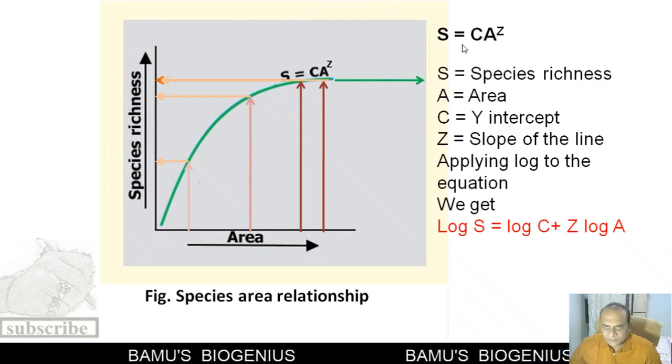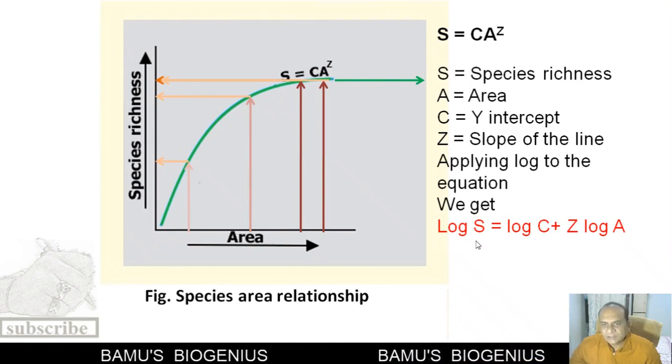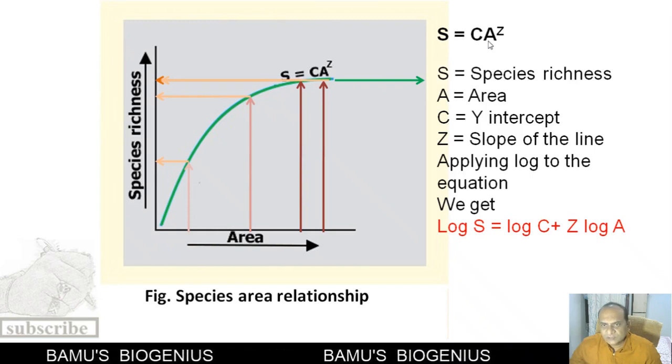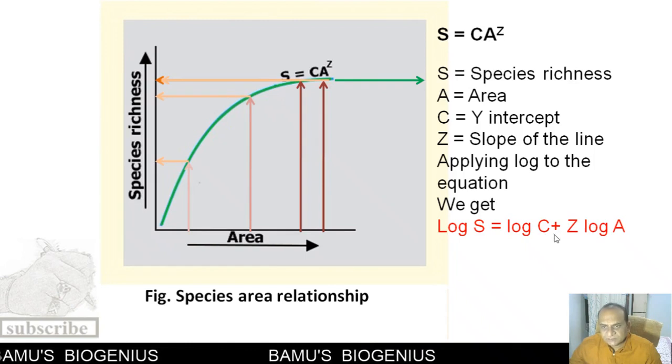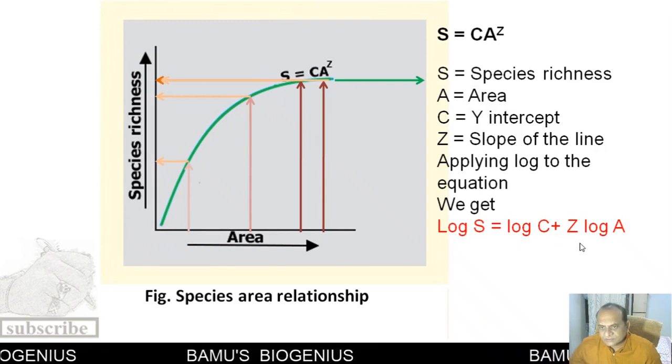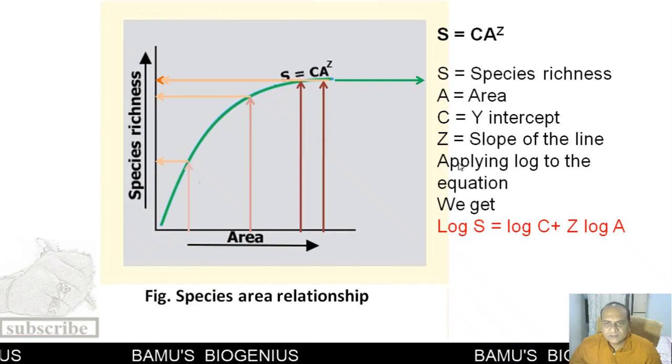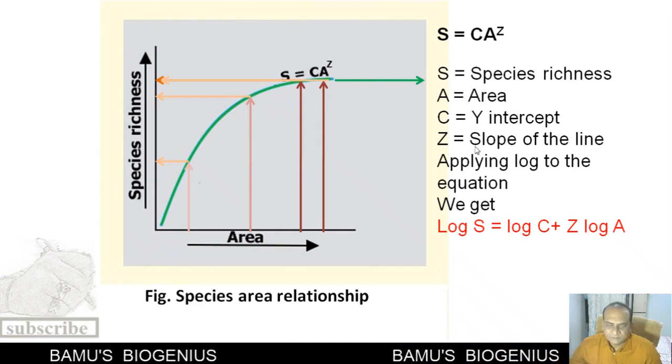So when we apply log, S is equal to C A becomes log S is equal to log C plus, and this Z comes to the front, so log C plus Z log A. Now you can see here, C is the y-intercept and Z is the slope of the line. So we will discuss it later.